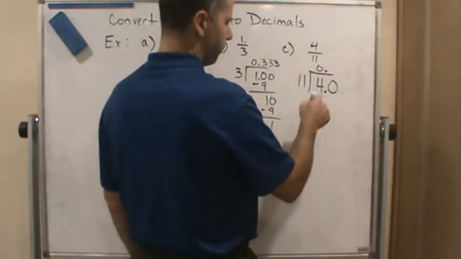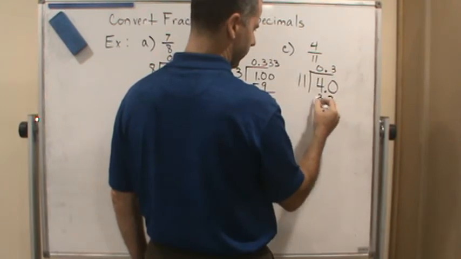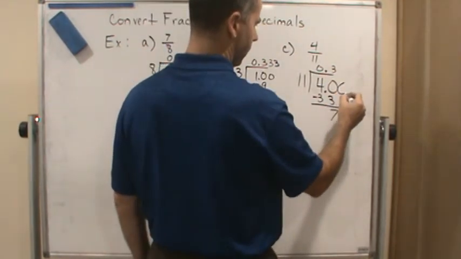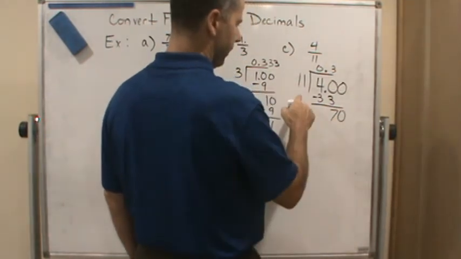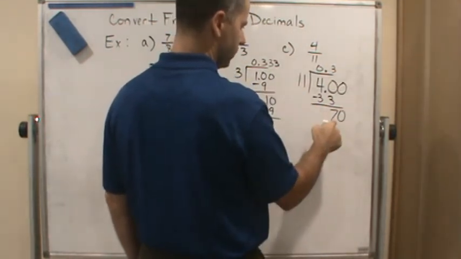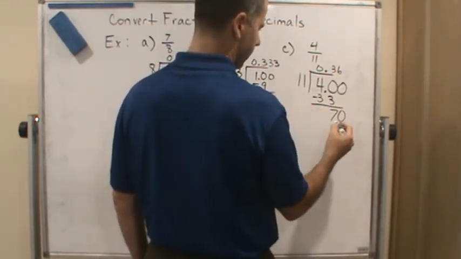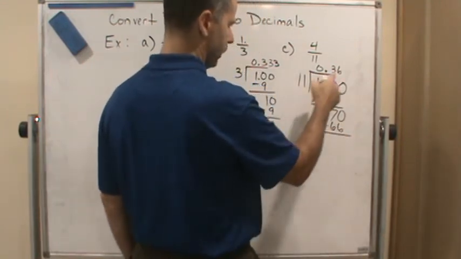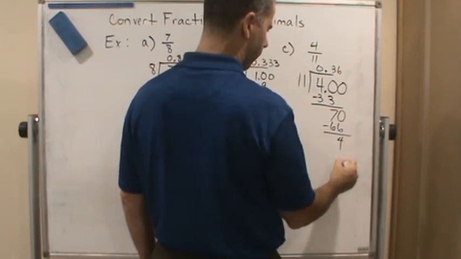Then 11 goes into 40 3 times, gives us 33 and a remainder of 7. Of course, put another 0 in here and drop it down. Then 11 goes into 70 6 times, and 11 times 6 is 66, and this gives us 4 again.